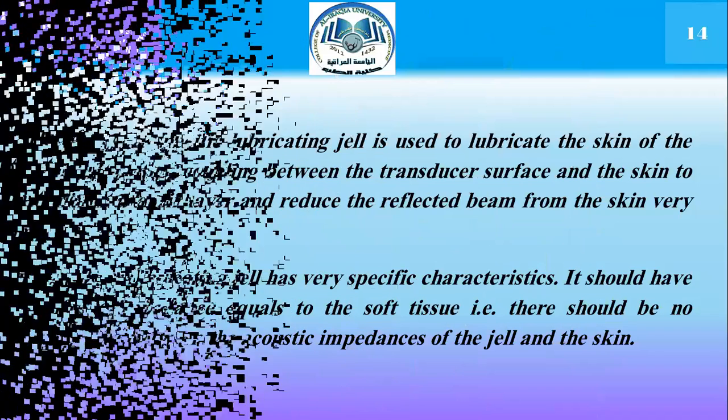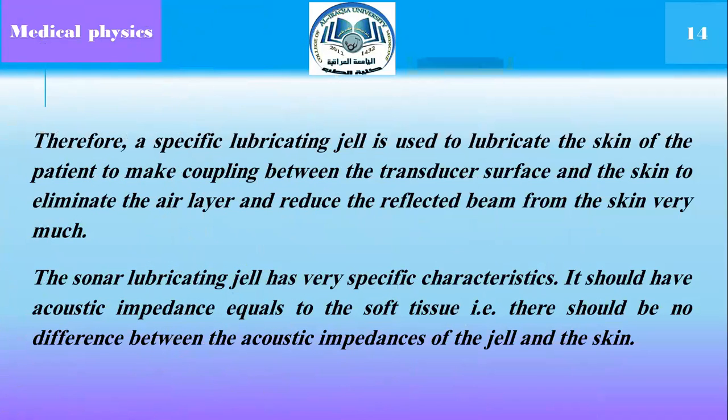Therefore, a specific lubricating gel is used to lubricate the skin of the patient to make coupling between the transducer surface and the skin, to eliminate the air and reduce the reflected beam from the skin very much.